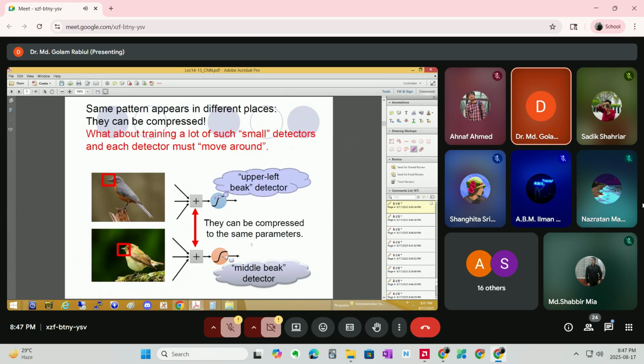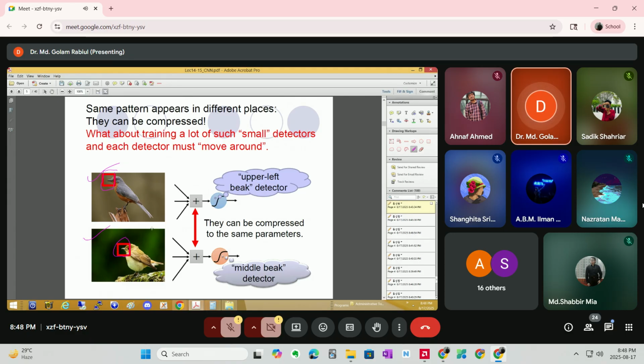But the thing is, if this is the first picture and this is another picture, the beak will not be in a fixed position. In this case the beak is maybe in the upper left corner of our image, but in another bird the beak is at the middle position.